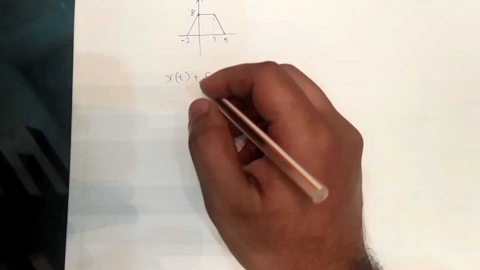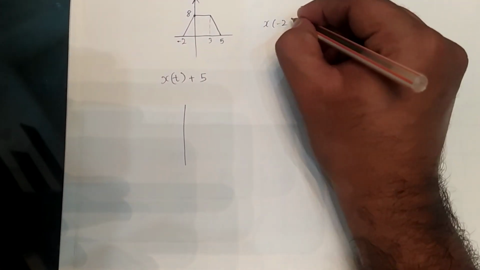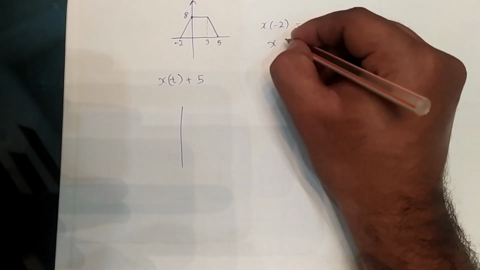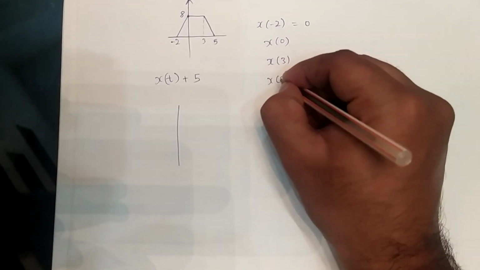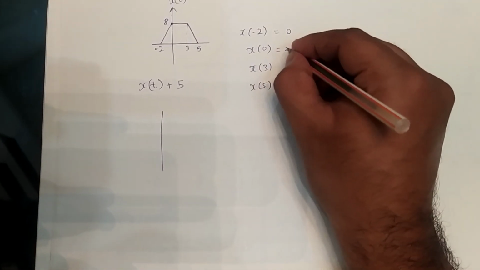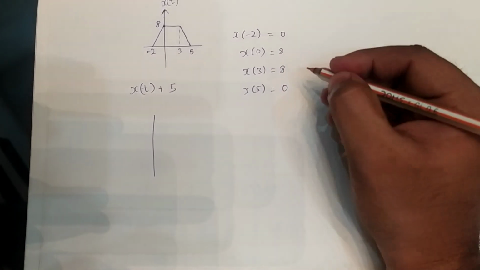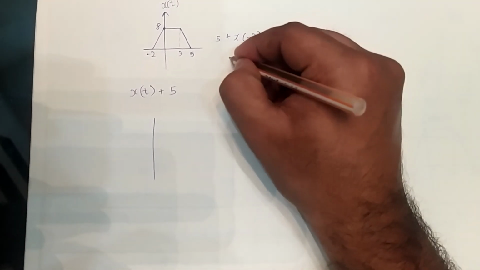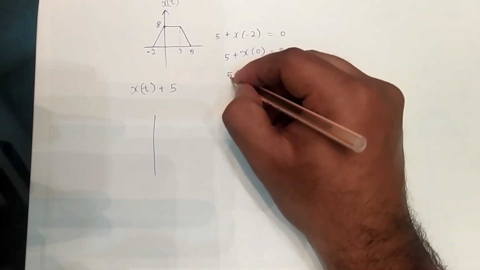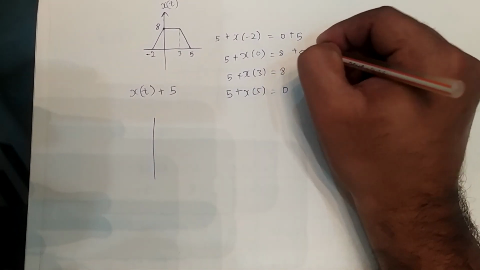Again it's very simple. X of minus 2 is 0, x of 0 is 8, x of 3 is 8, and x of 5 is 0. You are basically adding 5 on both sides, so here also you will be adding 5.